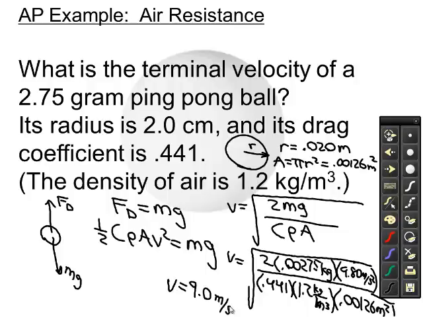I think that's a little fast, but it's probably the drag coefficient that's a little iffy. So 9.0 meters per second for terminal velocity. Sometimes they put a little t there, just to indicate it's terminal.